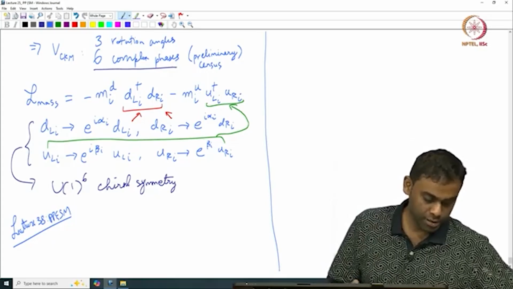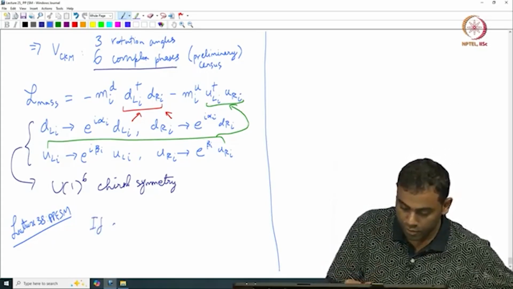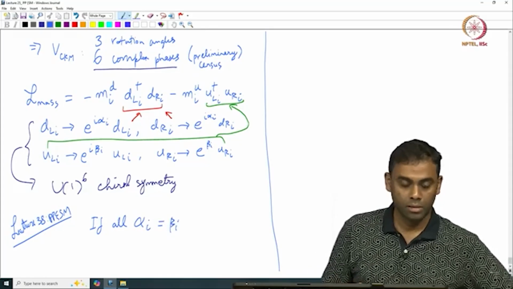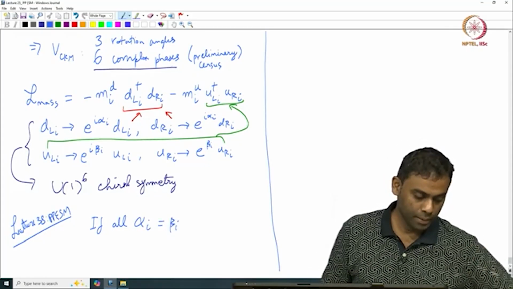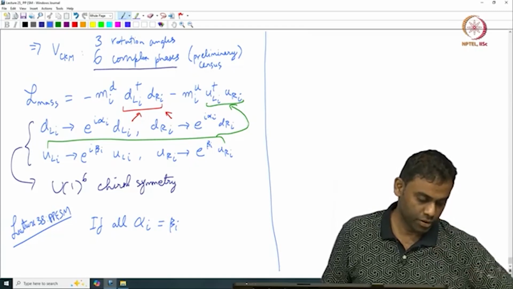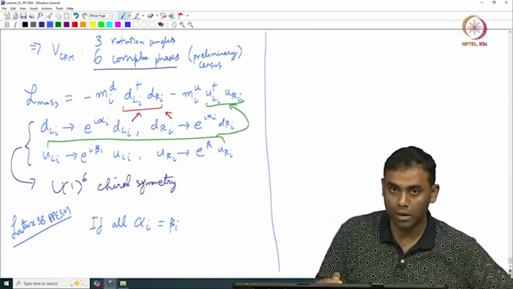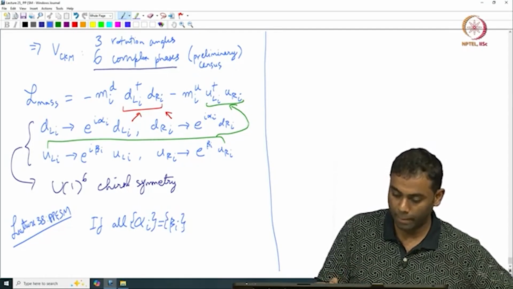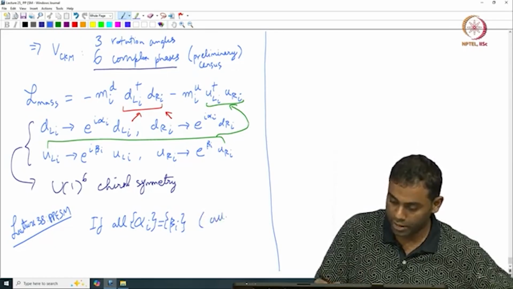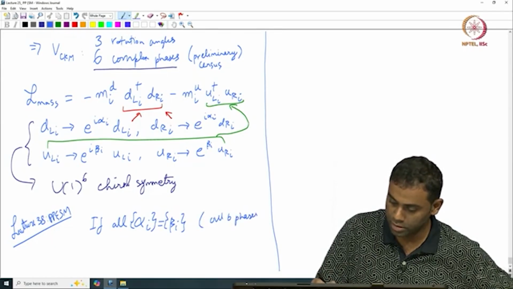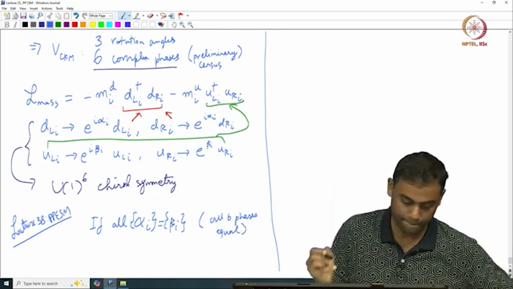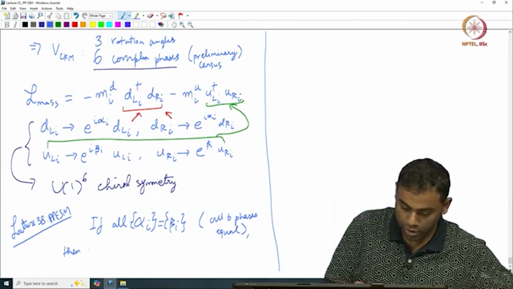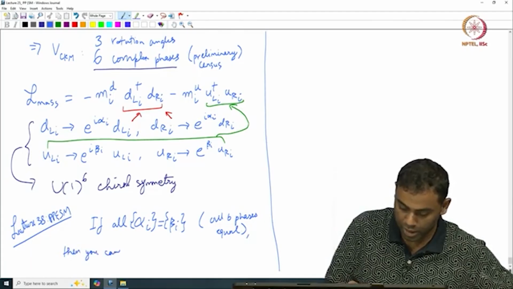I am going to claim that if all alpha i were equal to beta i, okay, so if all the 6 phases were equal, then you cannot remove it from the CKM matrix, it will have no effect in the CKM.